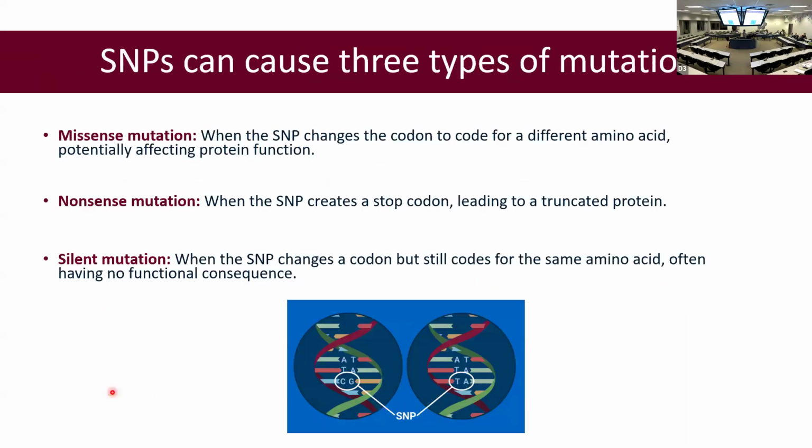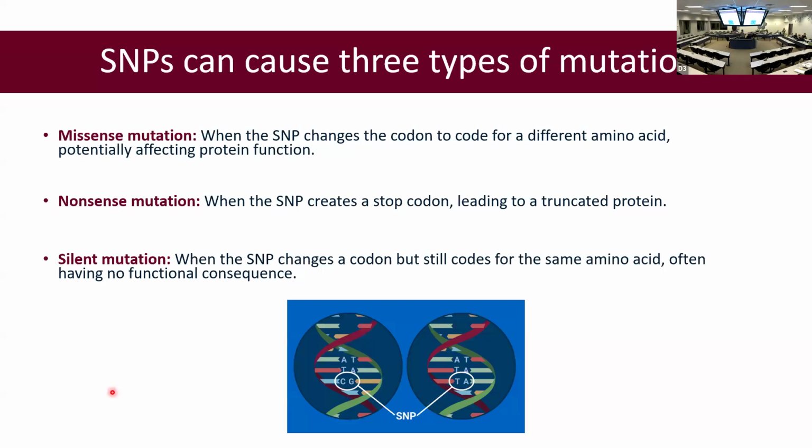These nucleotide changes we call SNPs, or single nucleotide polymorphisms. And these come in 3 different flavors. A missense mutation is when the SNP changes the codon to a different amino acid, just like the example that we just saw.